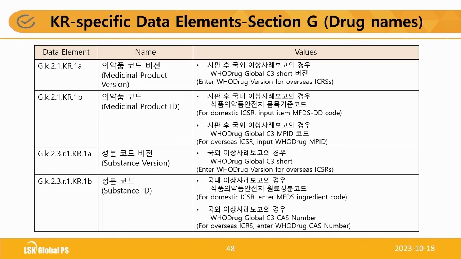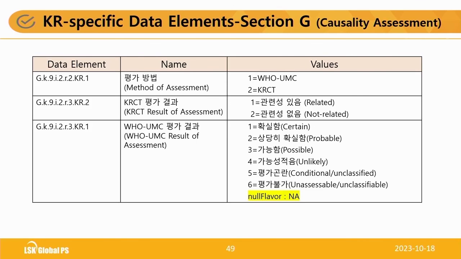And we also would have substance version and substance ID. For Korea, we look at the MFDS ingredient code for substance ID, and for overseas, WHO Drug Global C3 CAS number. So overseas usually requires an XML file, and we can do that also accordingly.